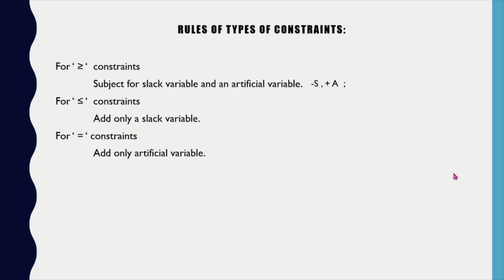In this case, we put an S for slack variable and A for artificial. For less than or equal to constraints, we add only a slack variable, that is S. And for equal constraints, we add only artificial variables such as A.